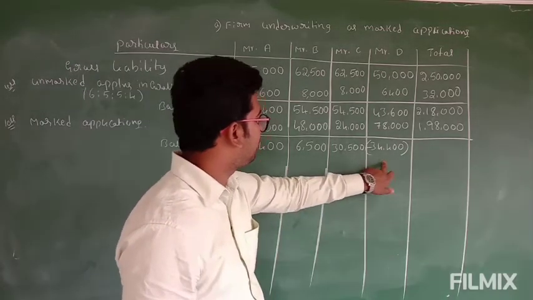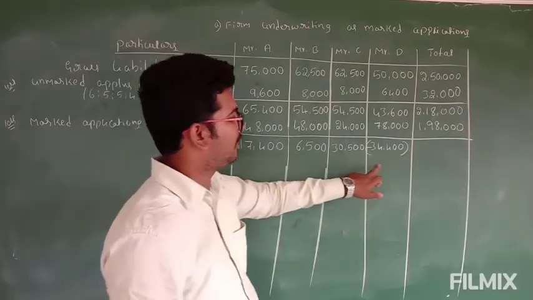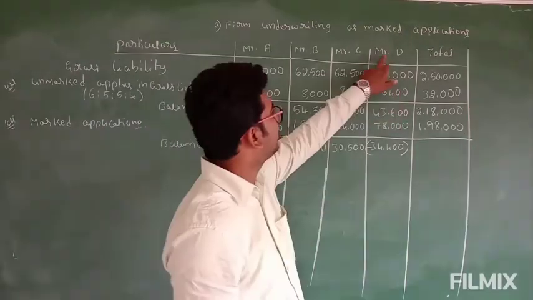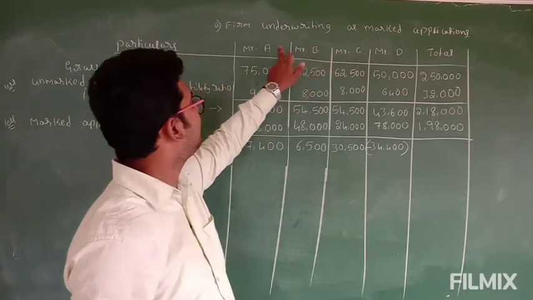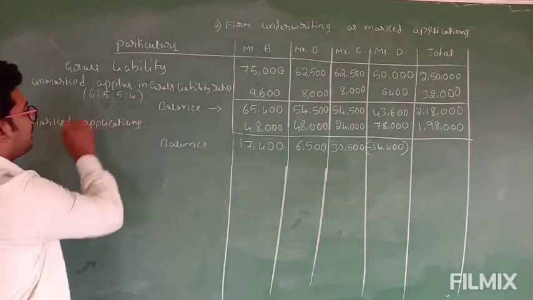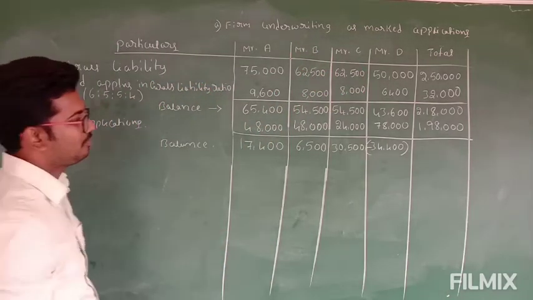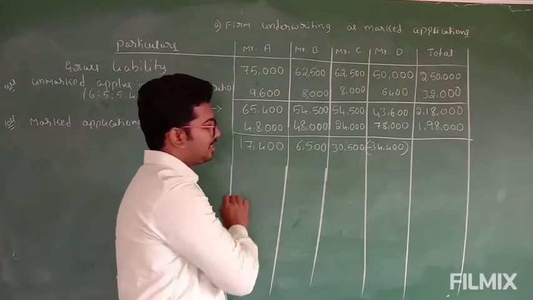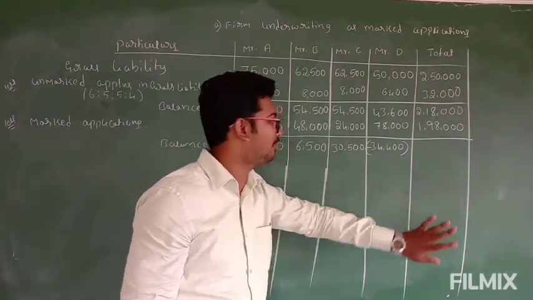The surplus will be redistributed to the remaining partners. So here D will get the surplus. So this is redistributed to C, B and A in the gross liability ratio, the ratio of 6:5:5. While you are adjusting surplus, do not make the total here.